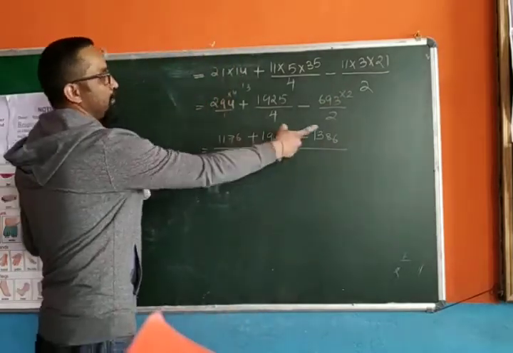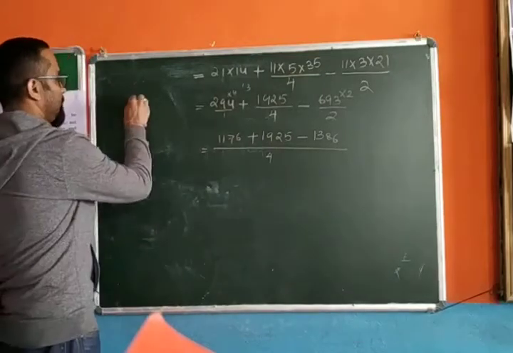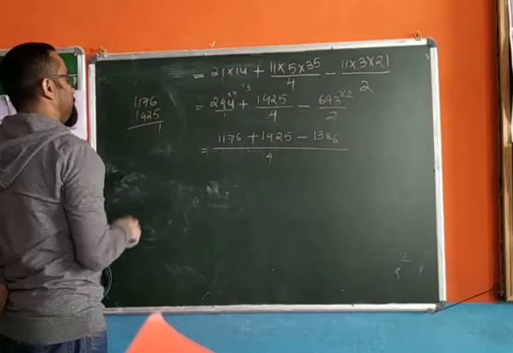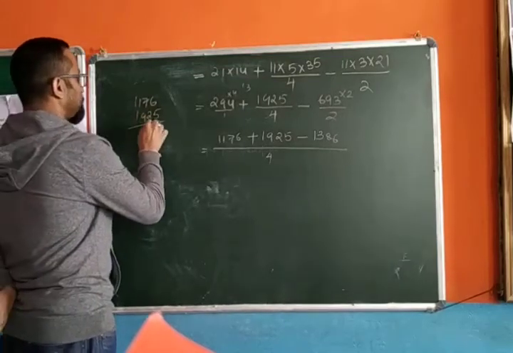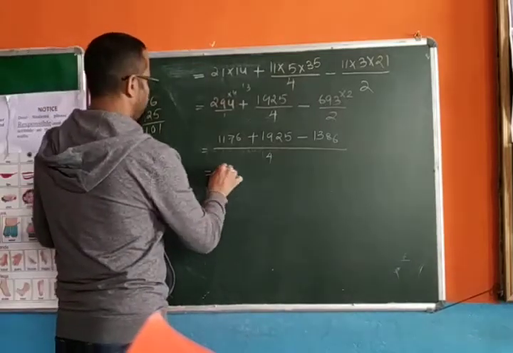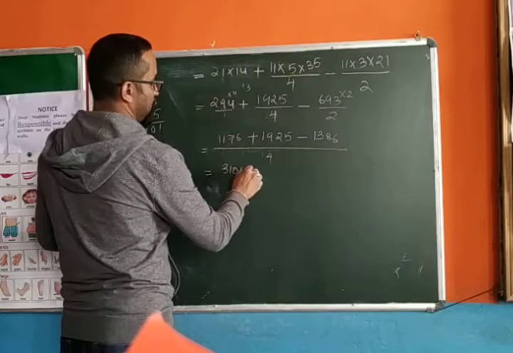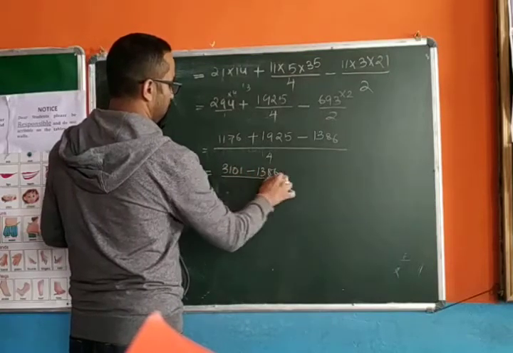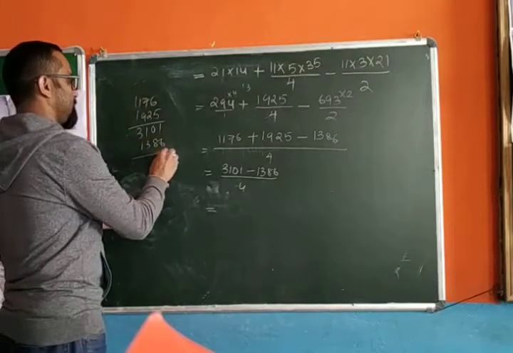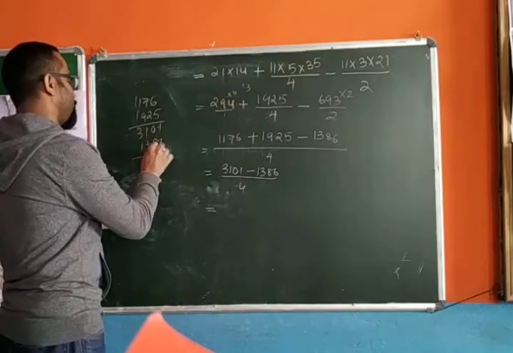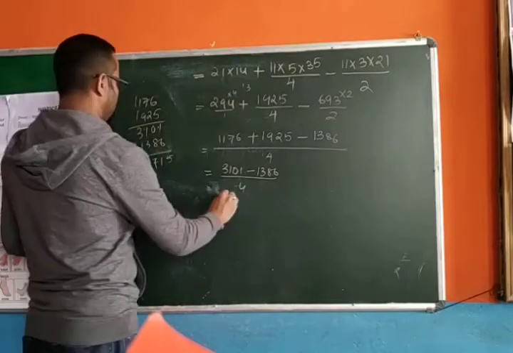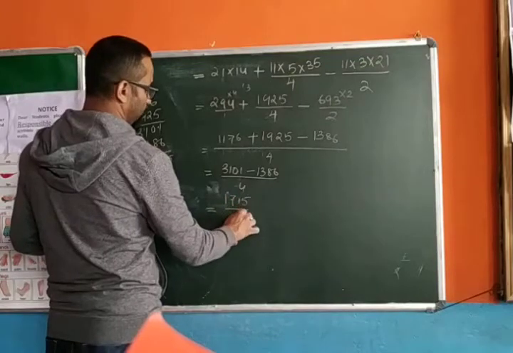Add these two values, 1176 and 1925, that is 3101, and then subtract 1386. It is 3101 minus 1386 by 4. Subtract: 1715 divided by 4.